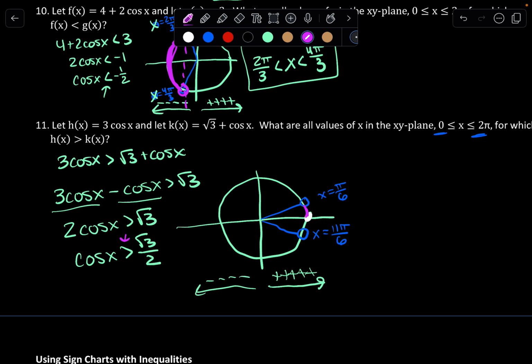My inequality is non-inclusive, so that means that pi over 6 will not be included, but I will go up to pi over 6. And then anything else from pi over 6 all the way around to 11 pi over 6 will not be included. And then we're picking up more angles that satisfy this inequality from 11 pi over 6 to 2 pi.